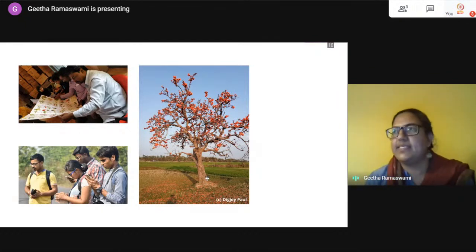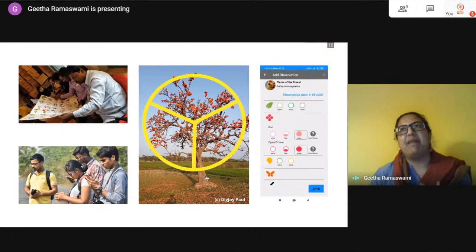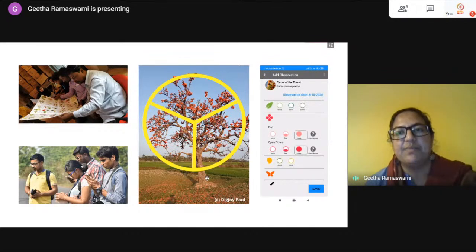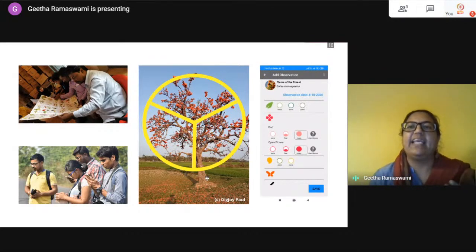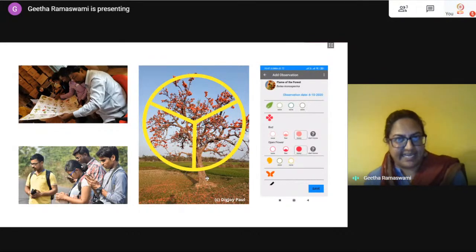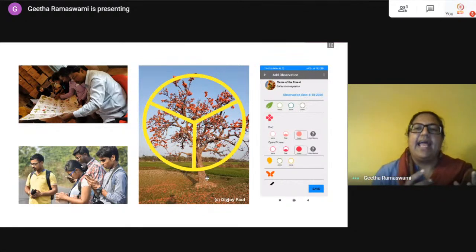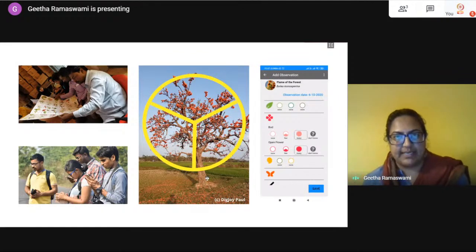One quickly makes an assessment of what types of leaves, flowers, and fruits the tree has. In order to do so, we have to imagine that actually this tree is a circle and cut it into thirds like a pizza. And in every third, we make an assessment of how many new, mature, dying leaves are there, how many buds and open flowers are there, and how many ripe and unripe fruits are there.